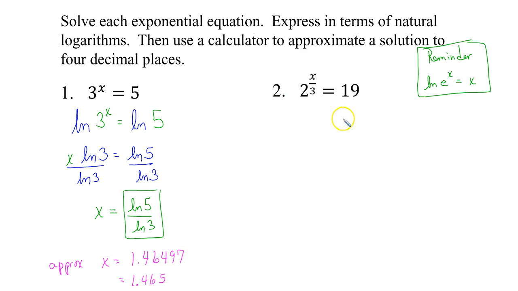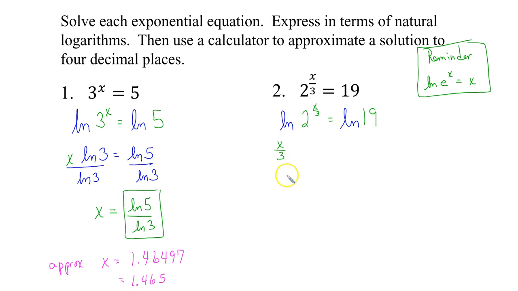Okay. Problem number 2, we're going to do exactly the same thing. We're going to take the natural log of both sides. So on the left-hand side, we have the natural log of 2 to the x over 3 power, and this is going to be equal to the natural log of 19 on the right-hand side. On the left-hand side, that exponent of x over 3 is going to come down in front using that power rule.